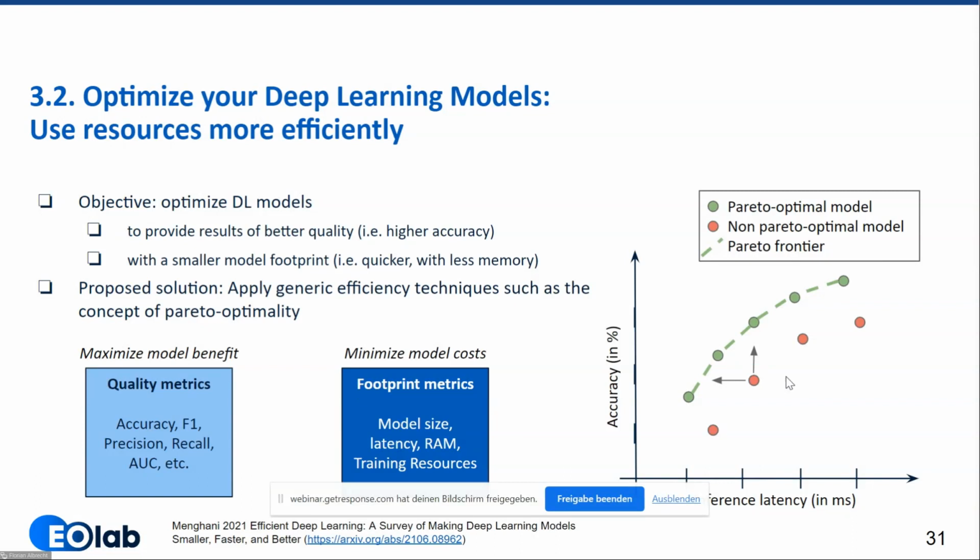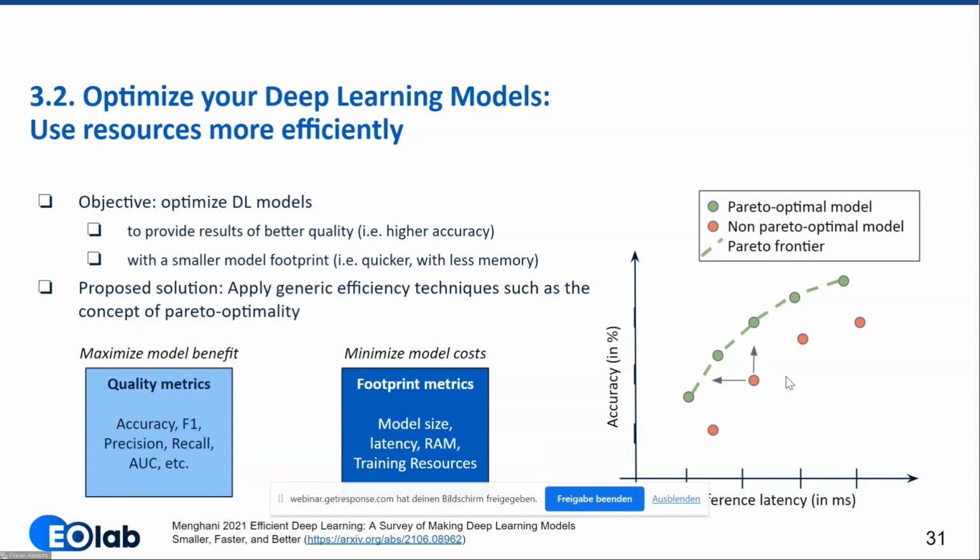The shorter it runs, the accuracy will not be as good. But the solution that is proposed here is that you apply generic efficiency techniques, such as the concept of Pareto optimality, and thereby optimize for the two conflicting objectives to get an improved version of your model.